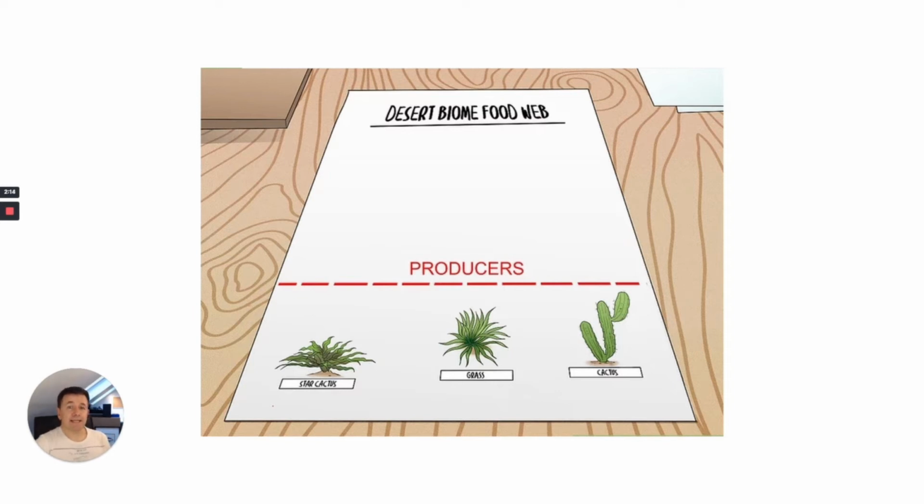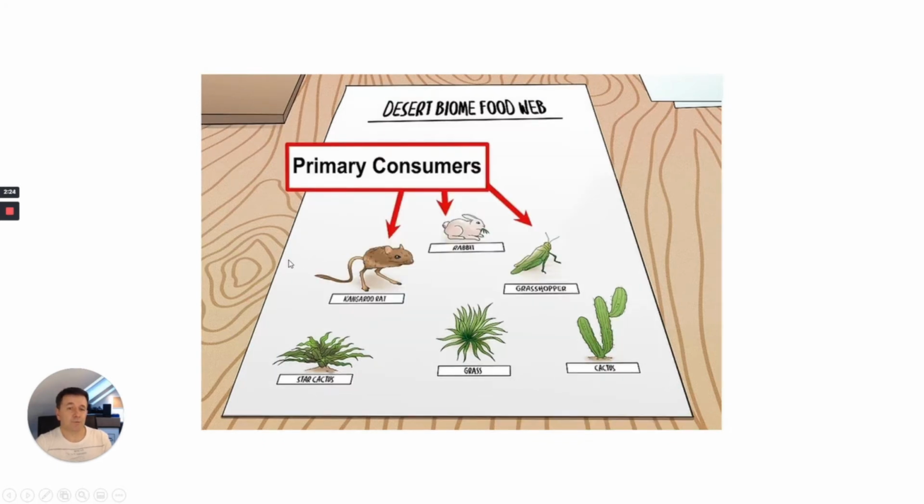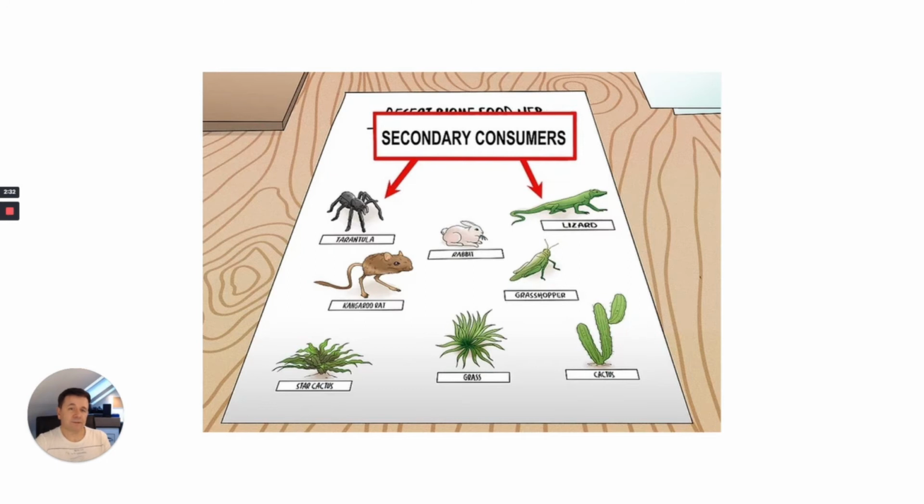So here is a desert biome food web. Here you can see that I've got three producers: a star cactus, grass and cactus. We've got three primary consumers feeding on the plants, which are kangaroo rat, rabbit and grasshopper. Then we've got some secondary consumers, the tarantula and lizard, that will be feeding off the primary consumers.